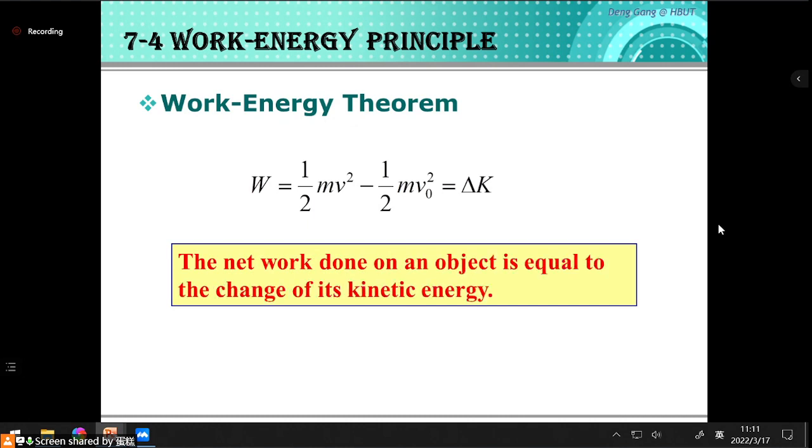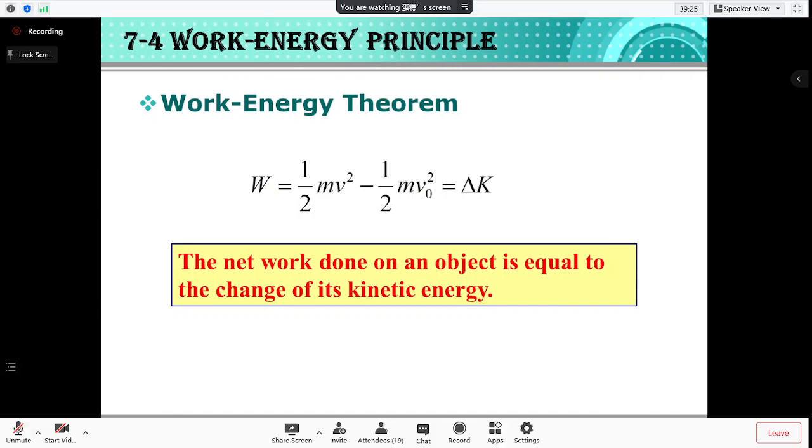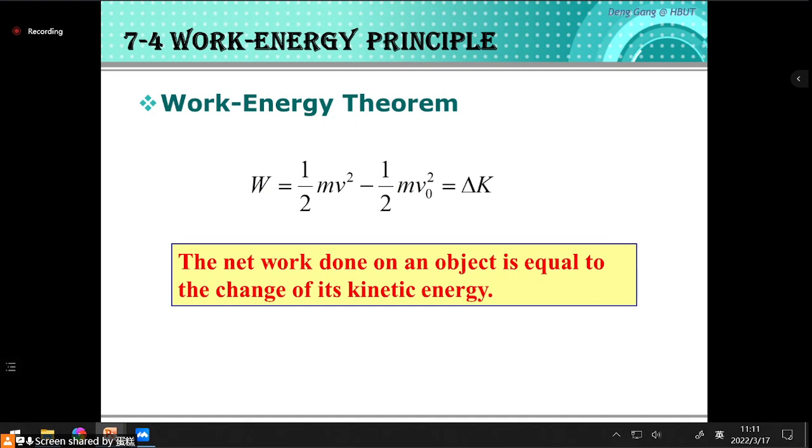And the work done is equal to the change of its kinetic energy. We got this equation at the very beginning.